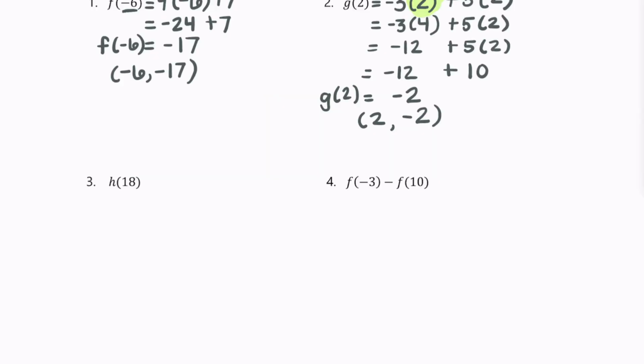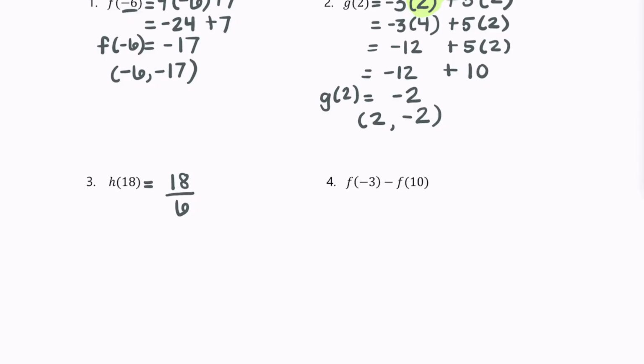Okay, number 3, we are using h. It says h of 18. So I'm going to go up here and highlight the h function, h of x. It says take x and divide it by 6. So wherever we see that x, we're going to take that out, swap that out. And in this case, we're going to plug 18 in. So we're doing 18 divided by 6.